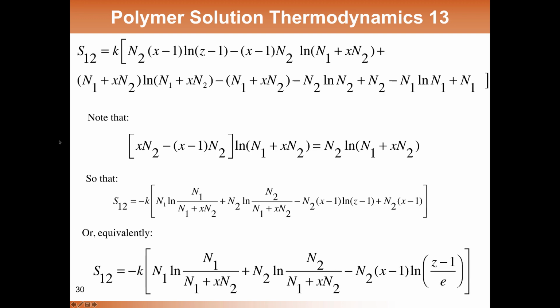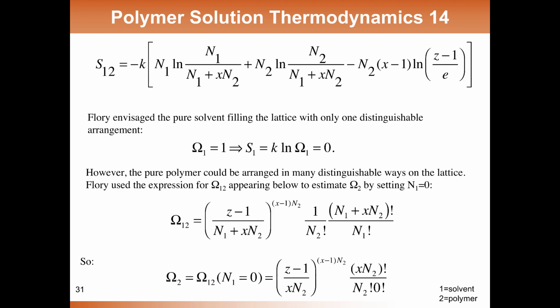And then there's a couple lines of algebra here that I will not belabor to get to the expression that is shown here, or equivalently the one at the bottom of the page, which is the entropy of mixing all of the polymer segments of each chain on the lattice.